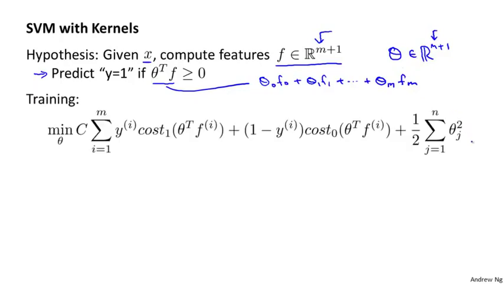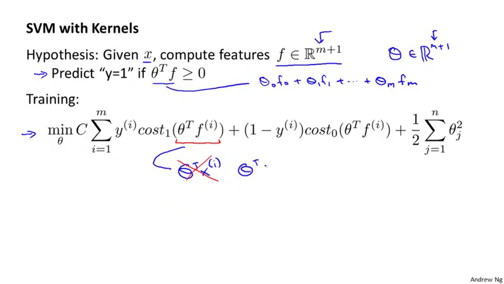How do you get the parameters theta? Well, you do that using the SVM learning algorithm. Specifically, you solve this minimization problem. You minimize over the parameters theta C times this cost function, which we had before. Only now, instead of making predictions using theta transpose xi with our original features xi, we've taken the features xi and replaced them with the new features.